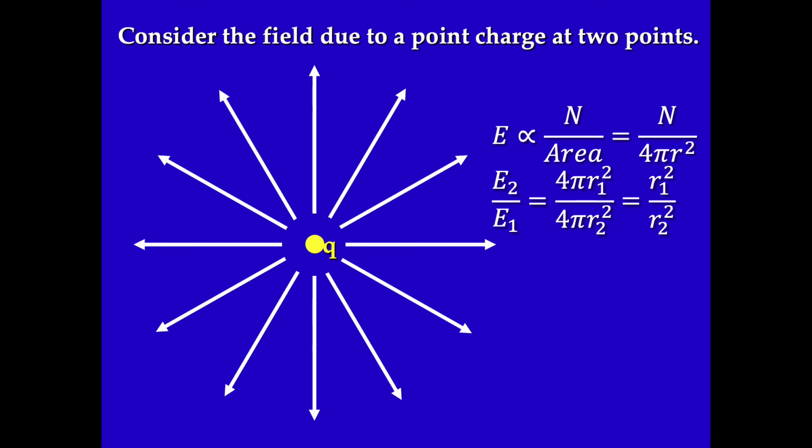So I'm going to consider a point charge in space, and I want to look at the number of lines passing through the sphere of radius R1 that I've drawn, and the number of lines that pass through the sphere of radius R2.